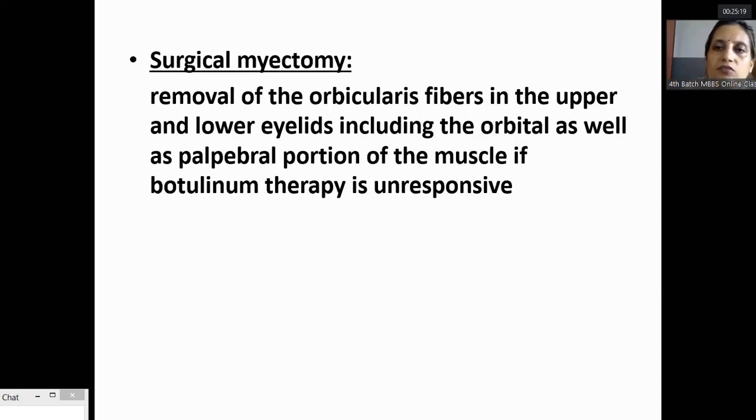Other treatment modalities: surgical myectomy, removal of the orbicularis fibers in the upper and lower eyelid, including the orbital as well as the palpebral portion of the muscle, if botulinum therapy is unresponsive. So sometimes it works. If you remove the orbicularis oculi muscle at the upper and lower lid, both palpebral and orbital parts, then it can be treated.